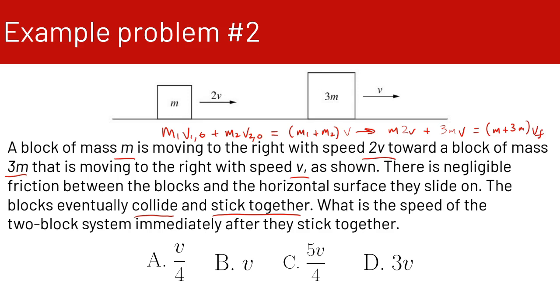We have 2mv plus 3mv, which is 5mv, and that's equal to 4m times vf. We're solving for vf. So vf equals 5mv divided by 4m. The m's divide out, and we're left with vf equal to 5v over 4, which is our answer, choice C.